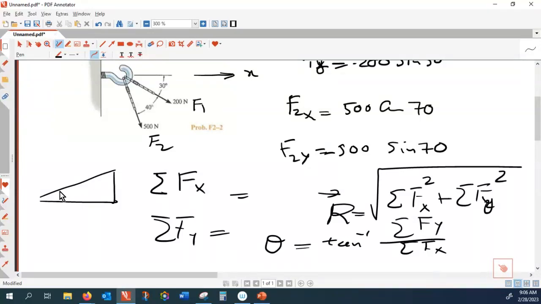But if you wonder where this comes from, this is theta, this is sigma Fy, this is sigma Fx, and this is R, right? So in this triangle, theta is tan inverse of opposite over adjacent. And R is from the Pythagoras theorem: this one squared plus this one squared, root, is equal to that one.